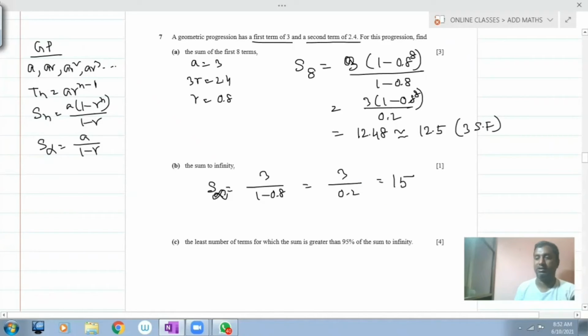Okay, that's nice. Now the least number of terms for which the sum is greater than 95% of the sum to infinity.